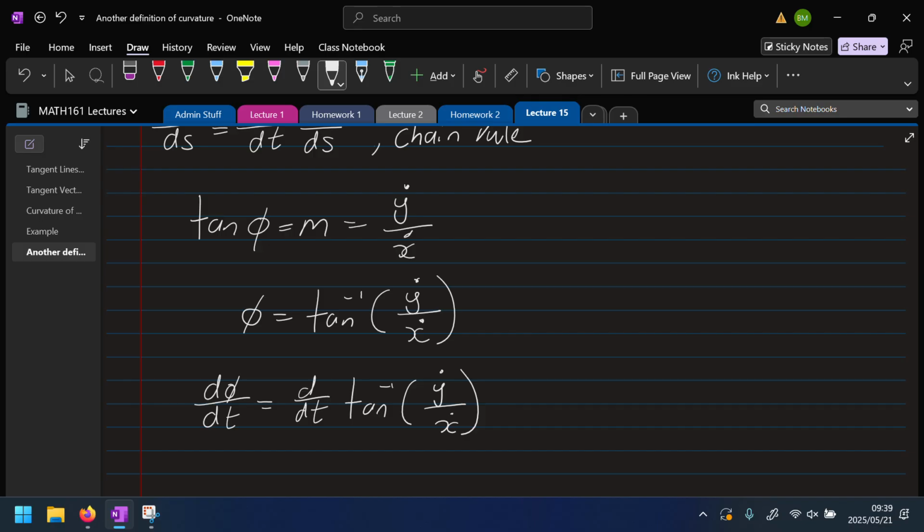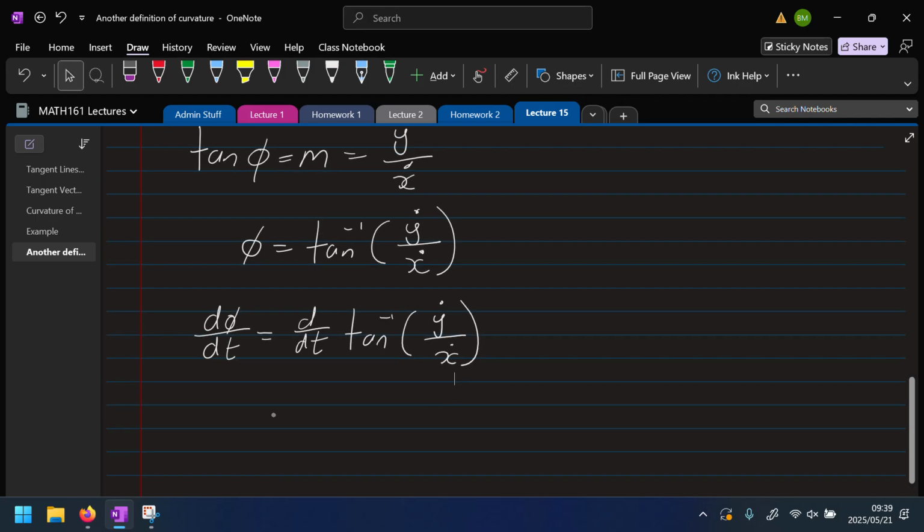We're going to have to use the chain rule, and then the quotient rule. The derivative of tan inverse of x is 1 over 1 plus x squared. So in this case, it's going to be 1 over 1 plus whatever is inside there squared.